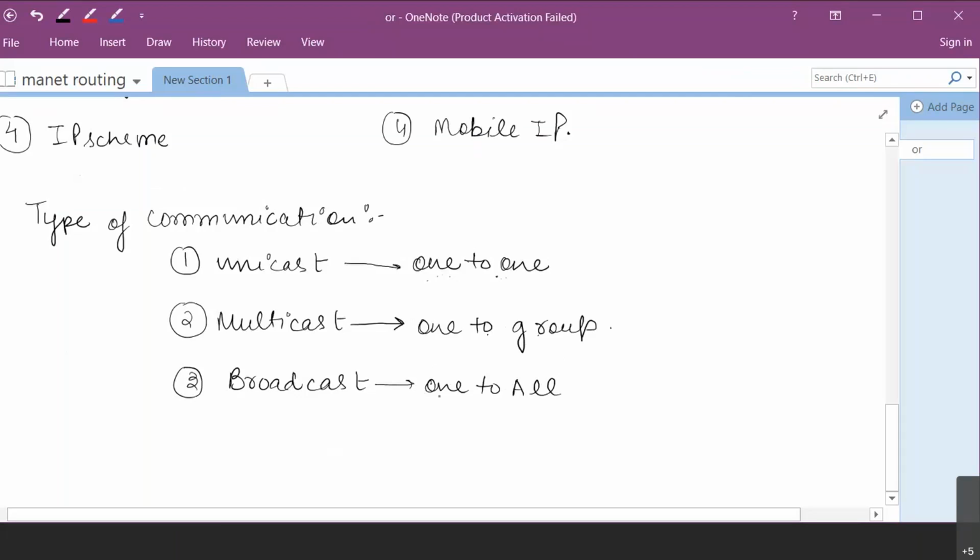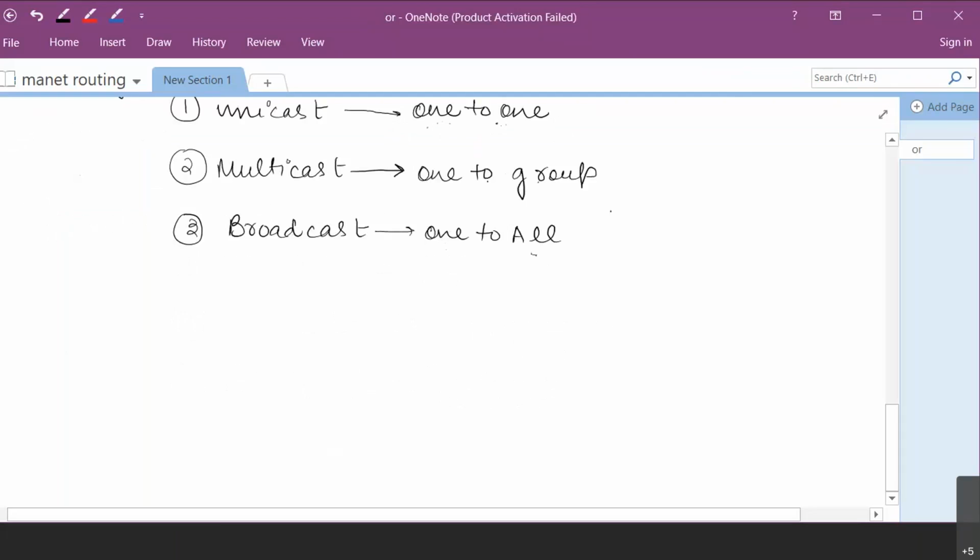Broadcast is when suppose our director sir wants to give information to all of the members, faculties, and students in Triple IT Nagpur, that is called one to all. Basically, multicast and broadcast use different protocols. So first, because we are starting with the scenario of the managed environment, we will jump to unicast, that is one-to-one communication happening over the managed environment.